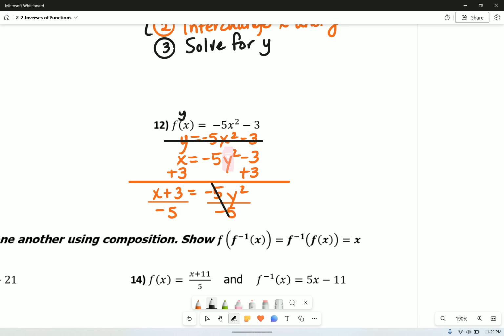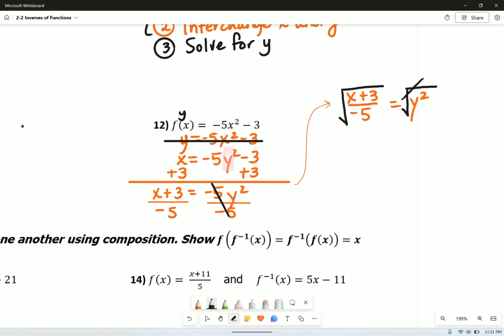That causes this to reduce to a 1. -5 divided by -5 is a 1. So now, let's move over here to this side. I have x plus 3 over -5 is equal to y squared. So all I need to do is get rid of that squared. So I am going to take the square root of y squared. Therefore, I must do it on this side as well.